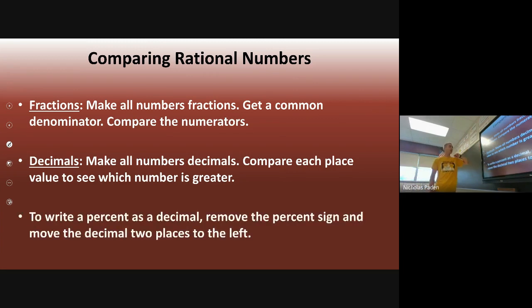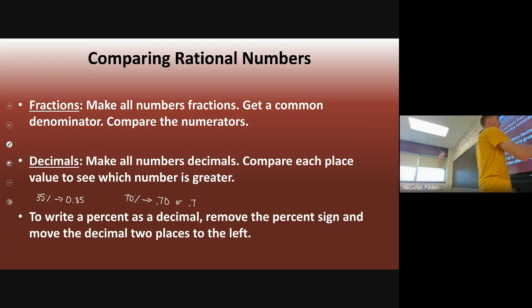Then finally, to write a percent as a decimal, remove the percent sign and move your decimal point 2 places to the left. So 35% would be 0.35. 70% would be 0.7 or 0.70.